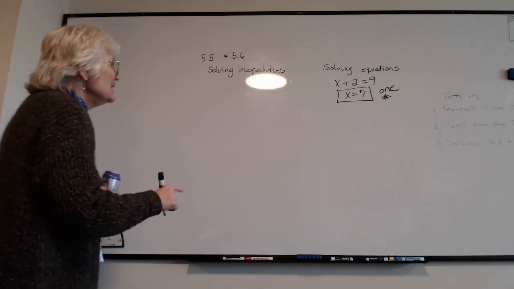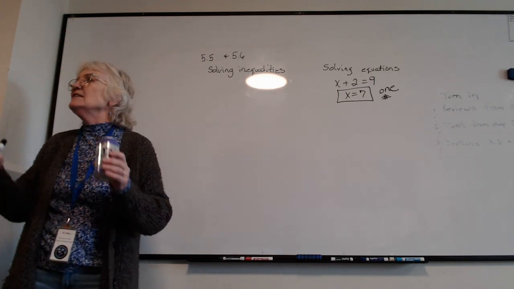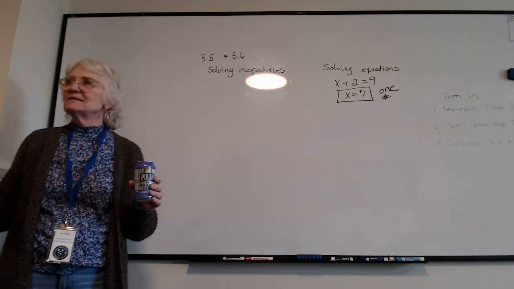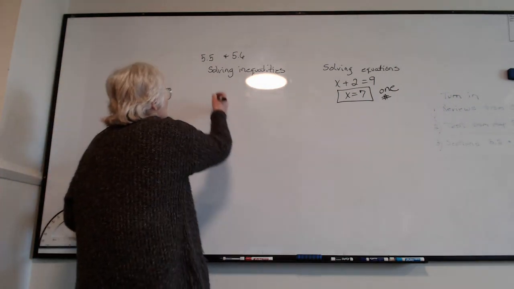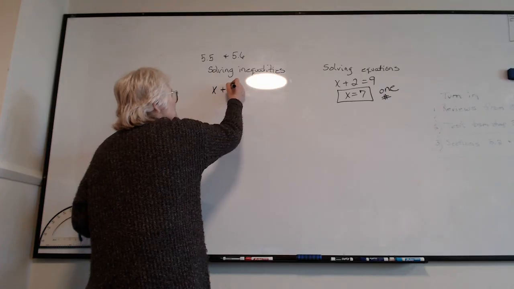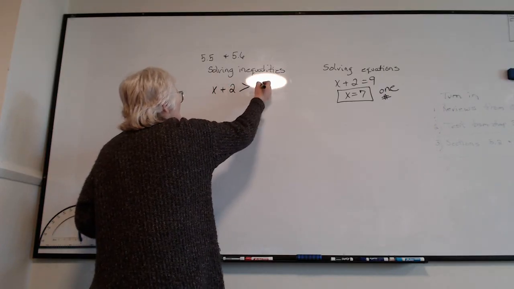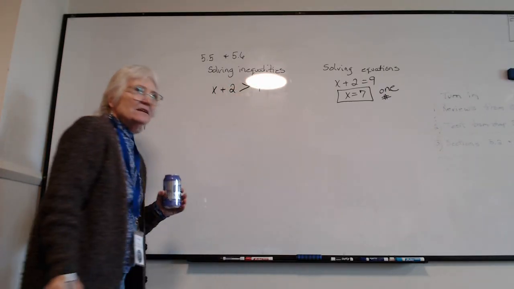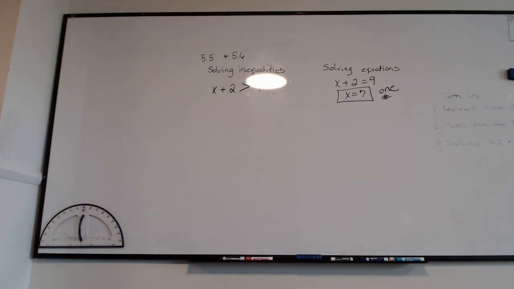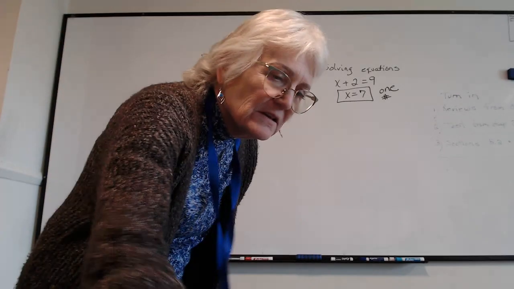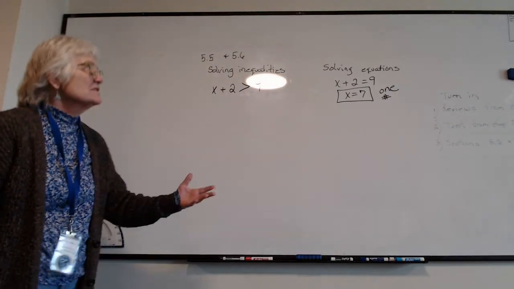If we are solving an inequality, we get a range of numbers. We get a whole bunch of numbers. So let's say we have x plus 2 is greater than 9. Very much the same problem that we have over there with the equation, and we are actually going to solve it very much the same.